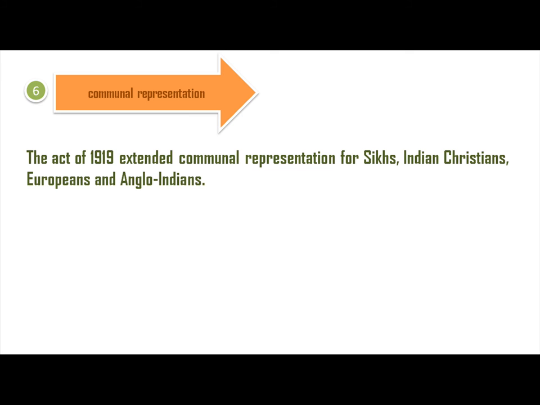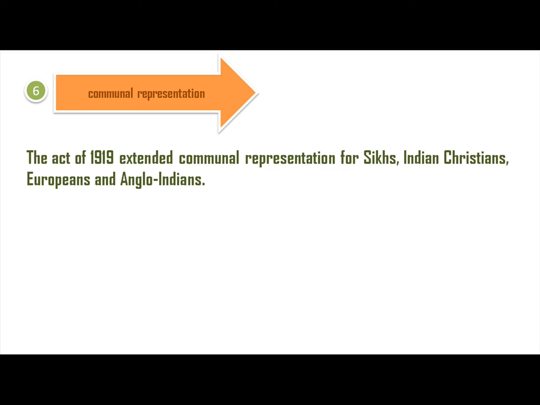So the British government started this process of communal representation, because the Britishers wanted to divide and rule our country. That is the reason why they started communal representation in 1909 for the Muslim community.